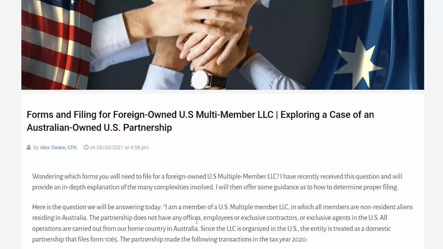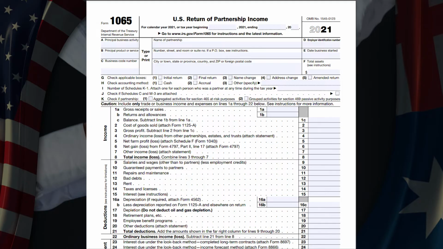And this partnership does not have any offices, employees, or exclusive contractors or exclusive agents in the US, and all operations are carried out from their home country in Australia. Since the LLC is organized in the US, he perfectly understands that the LLC is treated as a domestic partnership and it's required to file 1065. This is what he's saying.